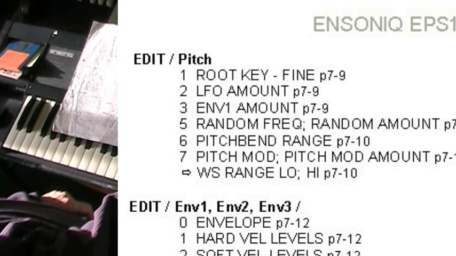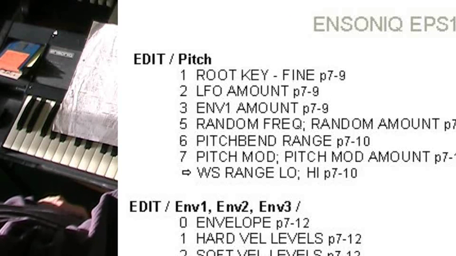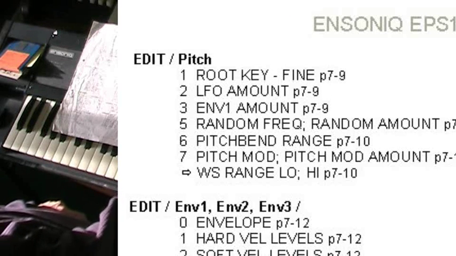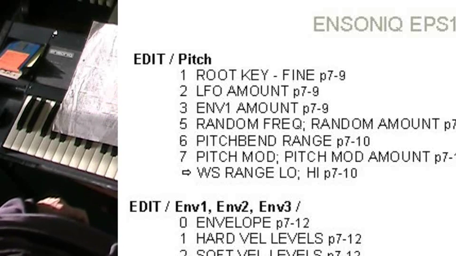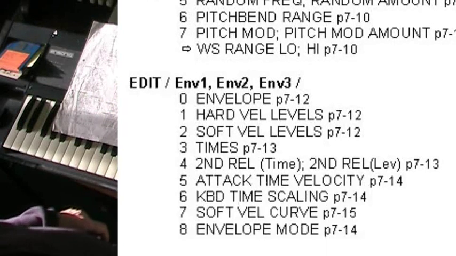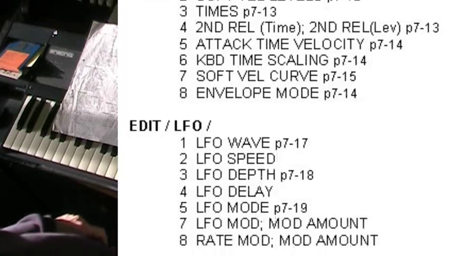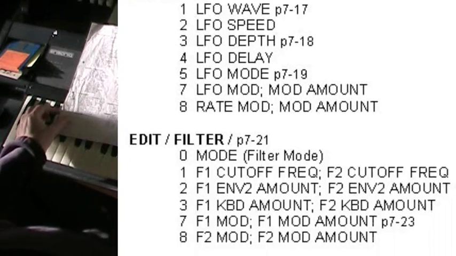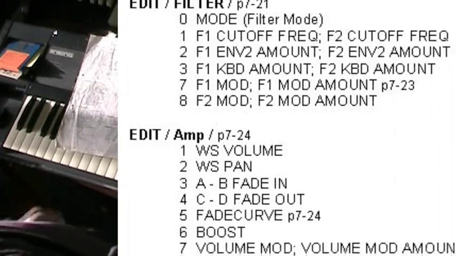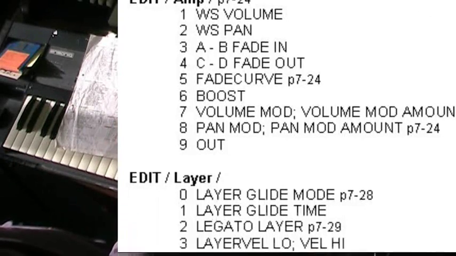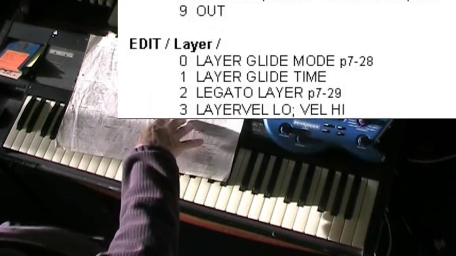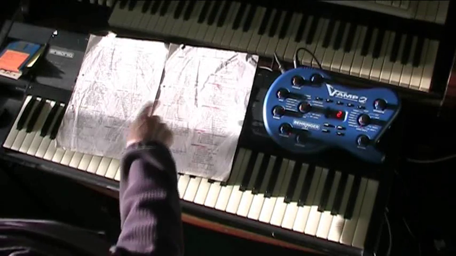In addition to that, I put numbers here which relate to page numbers in the manual, and I found just these two sheets of the parameter chart helps me find my way around this sampler really well and can save you a lot of time. I believe this file is available on the internet somewhere. I've just made a copy of this and added my own numbers on my own computer.